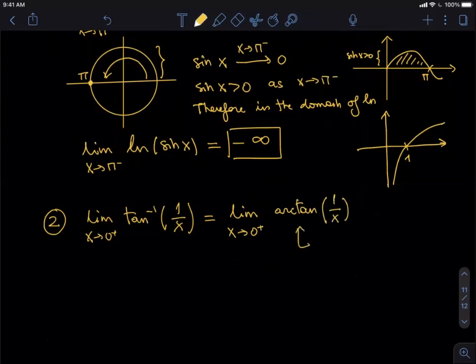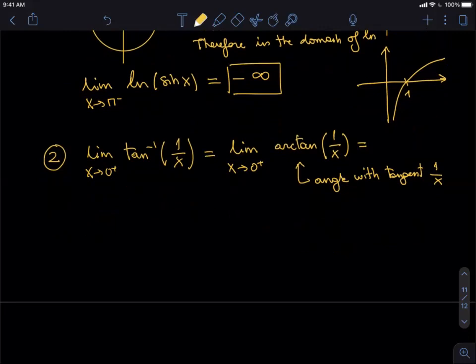Remember the arctangent is the angle with tangent 1 over x. And what happens with the arctangent is that things that look very difficult because they involve the arctangent, usually they are very simple. You just need to write it carefully and you realize that it's smoke and mirrors. There is nothing there.